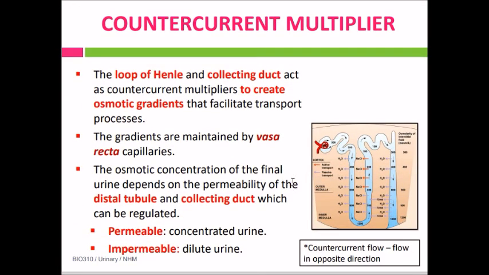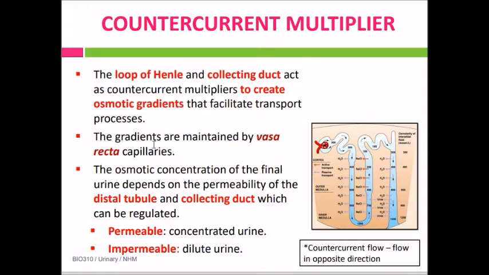And then what is the countercurrent multiplier? The loop of Henle here and also the collecting duct act as the countercurrent multiplier to create the osmotic gradient that will facilitate the transport processes.